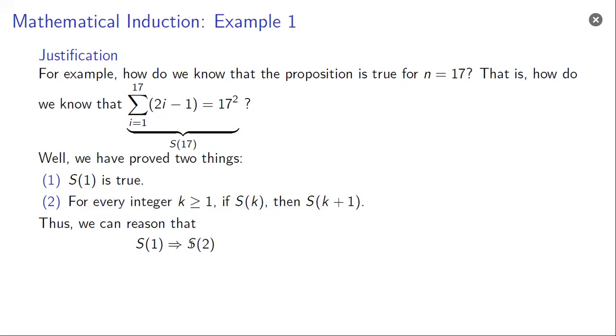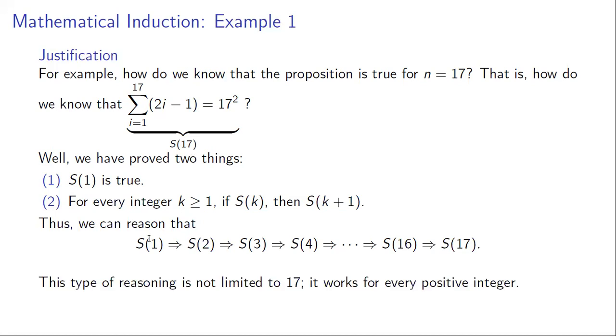So if we know S of 2, then using that same reasoning, we also know S of 3. If we know S of 3, then by that same reasoning, we know S of 4, all the way through S of 16. And if we know S of 16, then we know S of 17. So that's how we know that S of 17 is true.